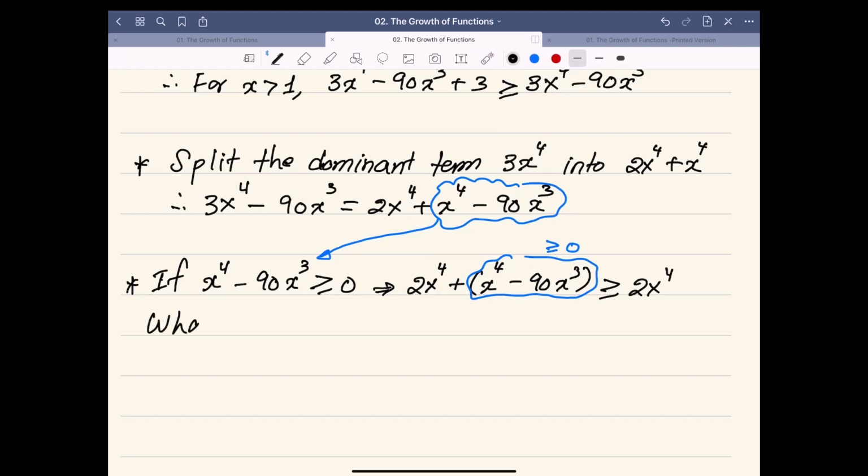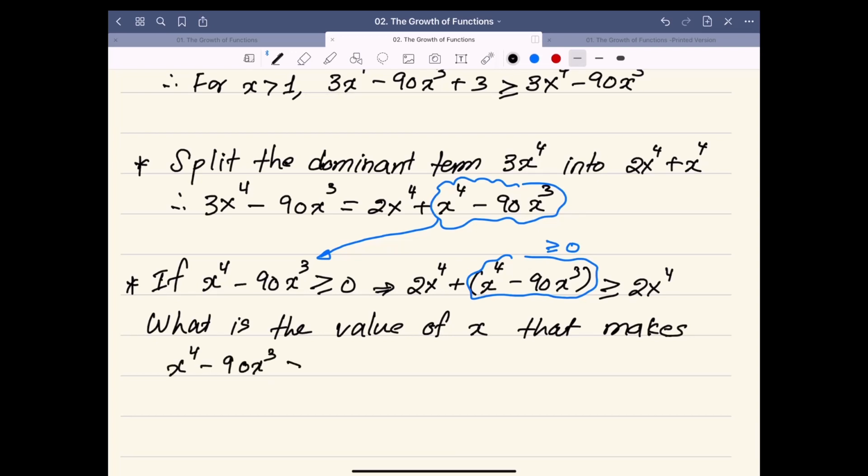What is the value of x that makes x raised to power 4 minus 90x raised to power 3 greater than or equal to 0?